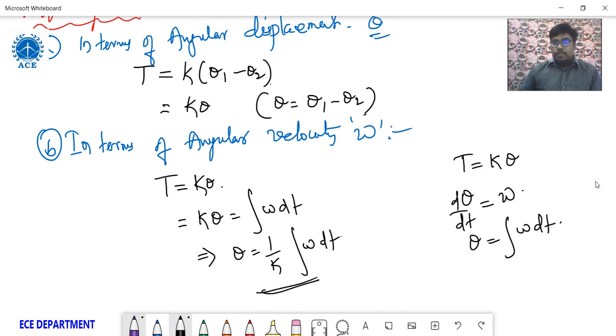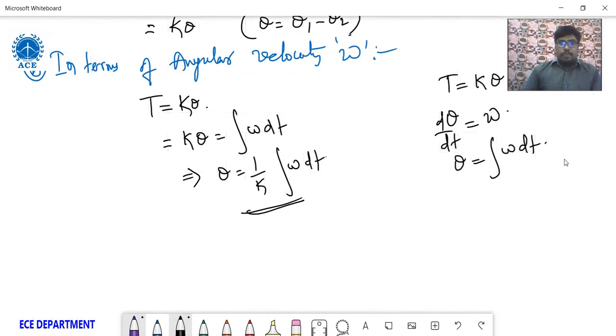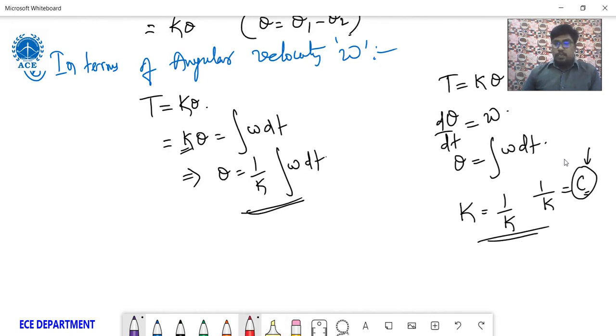See here, don't confuse here. I have written 1 by k, consider this k as a compliance. Whatever the k value, if I consider it in terms of an electrical system, like capacitance, so k becomes 1 by k, I can write. This term is called compliance. So that's why I directly took 1 by k in this case.